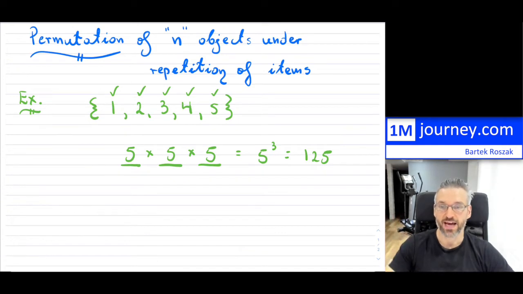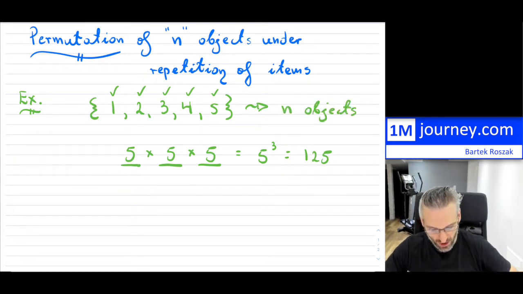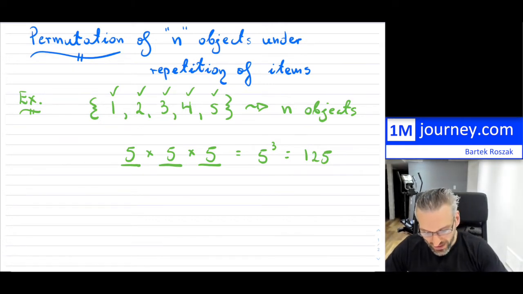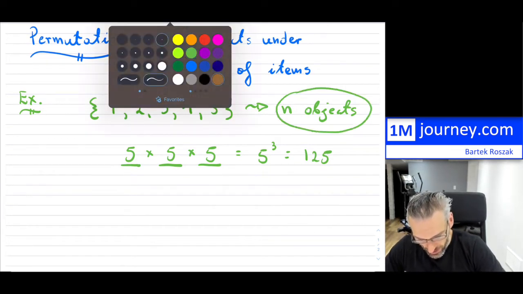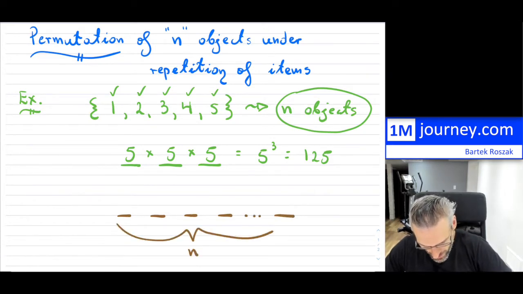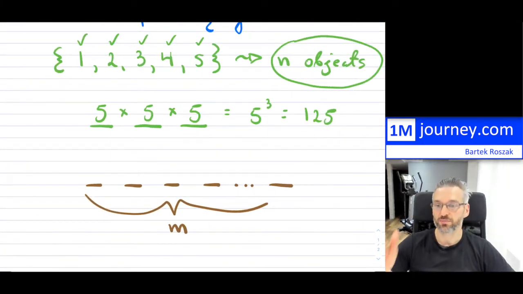Now, in general, if you have n objects, doesn't matter if they're digits or not, and you're allowed to repeat them, then depending on how many of those n you're going to be choosing, let's say instead of 3, you have m of these, so you're going to have m different spots to put these into.